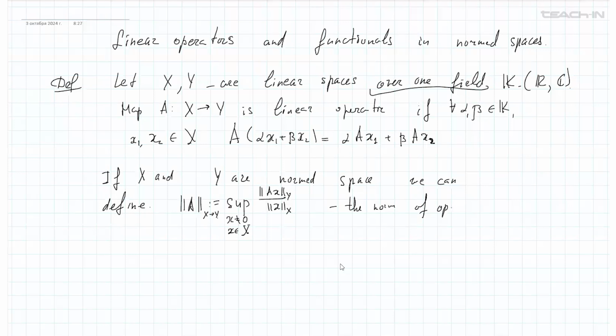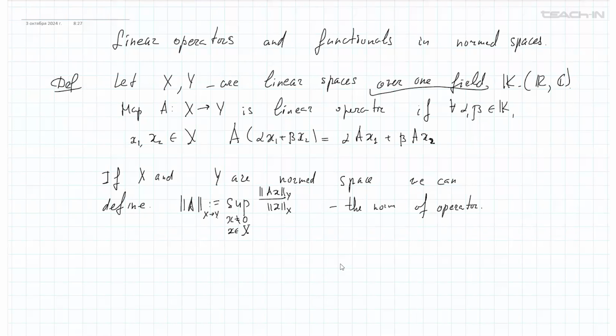It is easy to check that this formula indeed gives us a norm, as all axioms of a norm are valid. It is of course non-negative. It is zero if the operator A acts on X and for any X obtains the zero element, so such an operator is the zero operator.